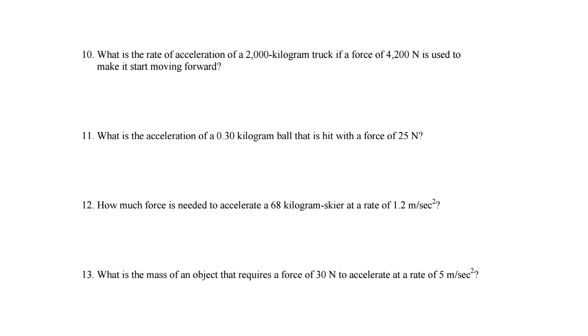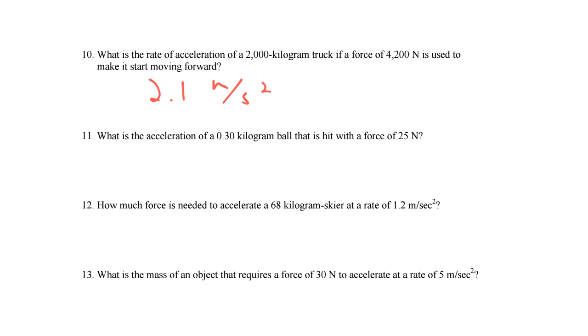All right, on to some more Newton's second laws. So we've got a 2,000 kilogram truck, 4,200 newtons. So force equals mass times acceleration. We'll just divide the mass away from both sides. So 4,200 divided by 2,000 kilograms gives us an acceleration of 2.1 meters per second squared.